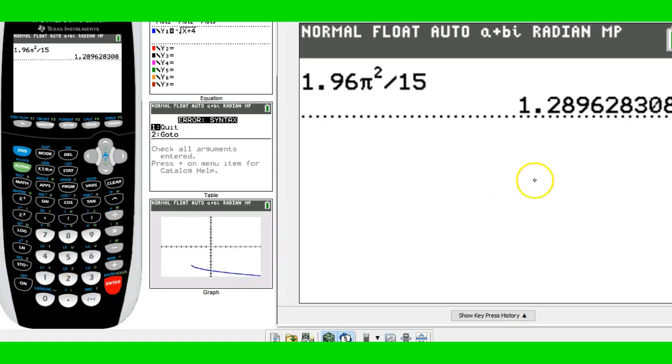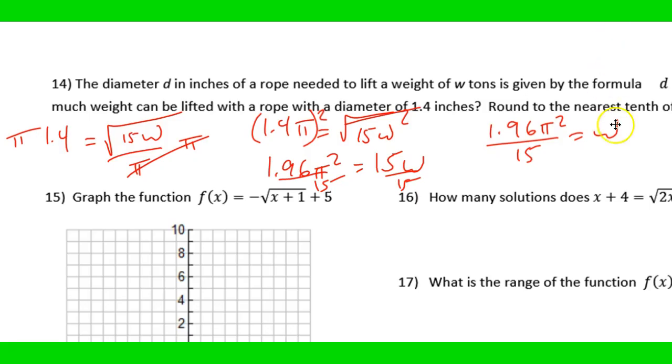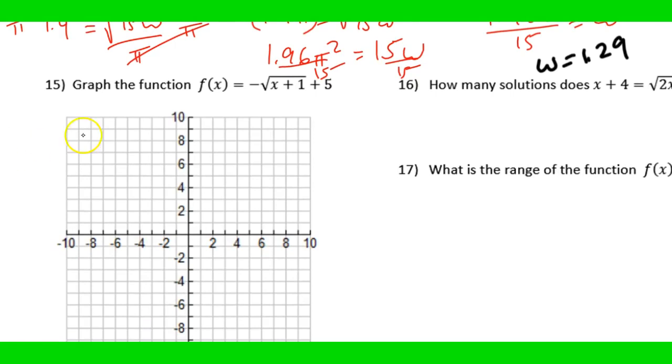And that's 1.28, or we'll go ahead and round that and say 1.29. So W equals 1.29. All right. Now, let's look at this function right here.